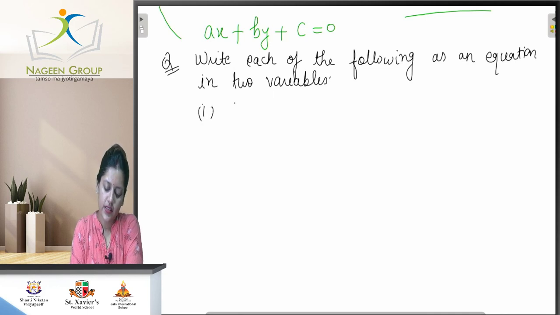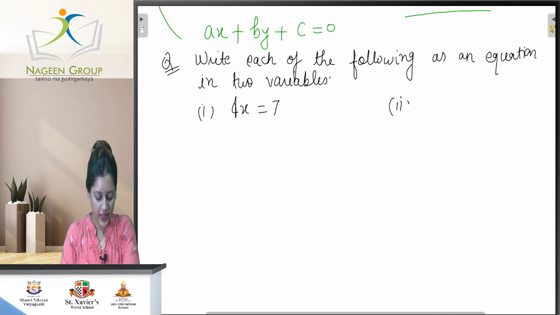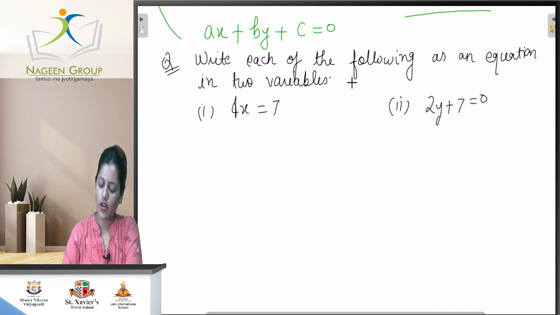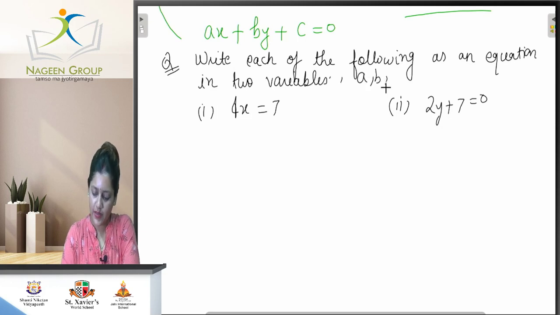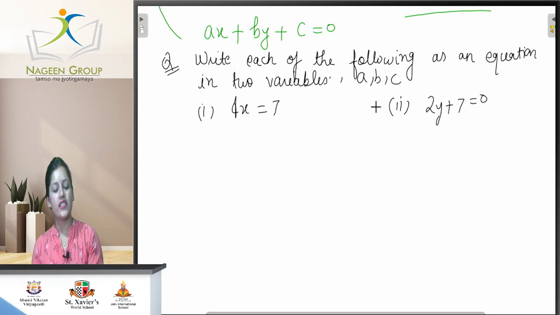First is 4x = 7 and second is 2y + 7 = 0, and also find a, b, c. This means you have to change these equations into the general form.